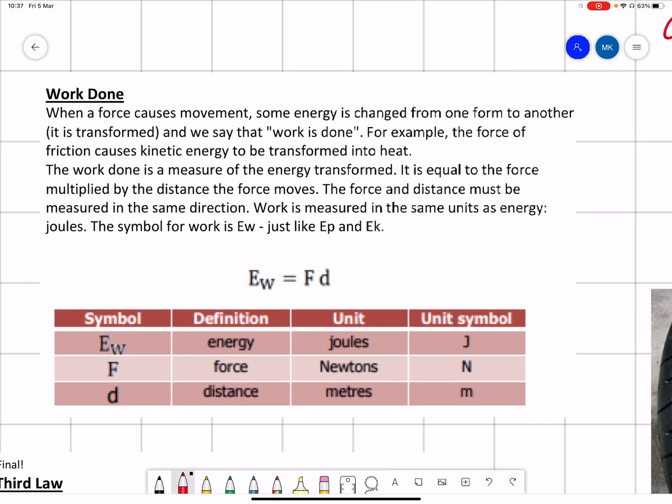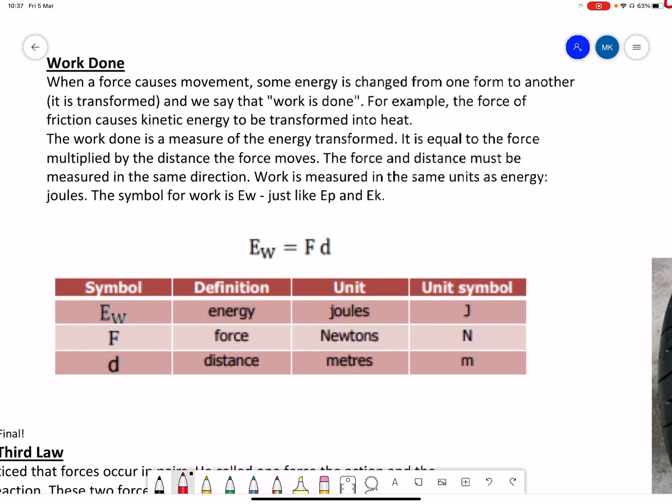Right, second last thing is work done. This might be another question that you're given. Work done is force times distance. So we'll put the force of friction as an example there.